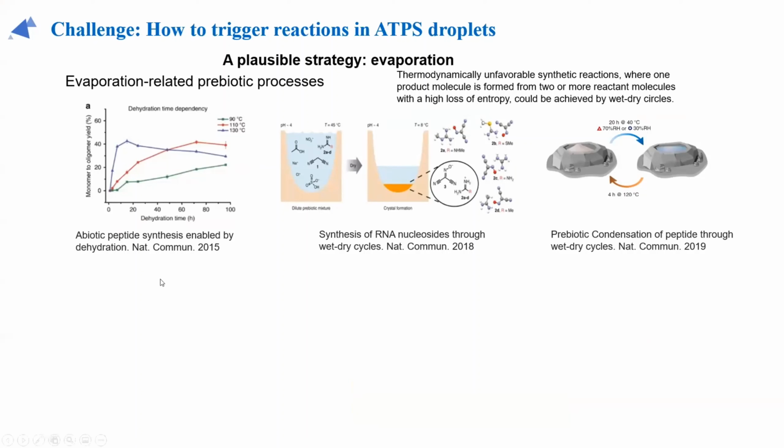For example, how you can synthesize peptide, how you can synthesize RNA nucleotide, how you can synthesize or condense peptide by going through wet-dry cycles, because wet-dry cycles presumably is very simple. You're only changing the temperature, just like when the sun goes up and goes down and you have sunset and sunrise, and that may lead to different temperature cycles, and that may be something that you can also have during the origin of life.